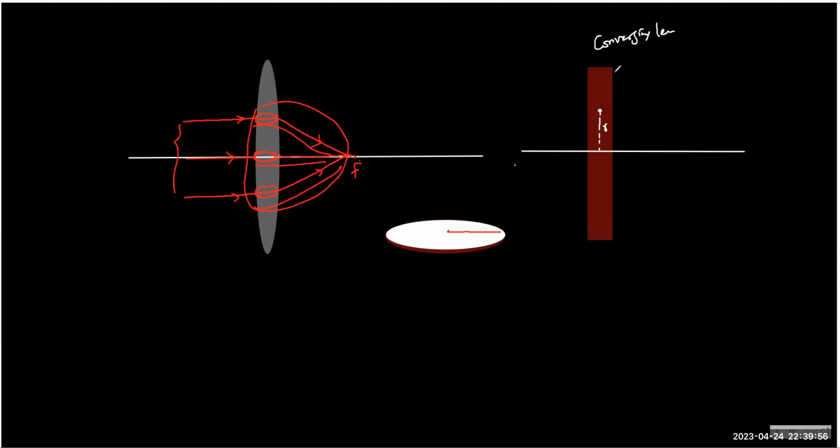And I want this to behave as a lens of focal length f from the surface. So what I want is that all light rays coming parallel to the principal axis of the disk, no matter how high they are hitting, should travel like this and converge where?